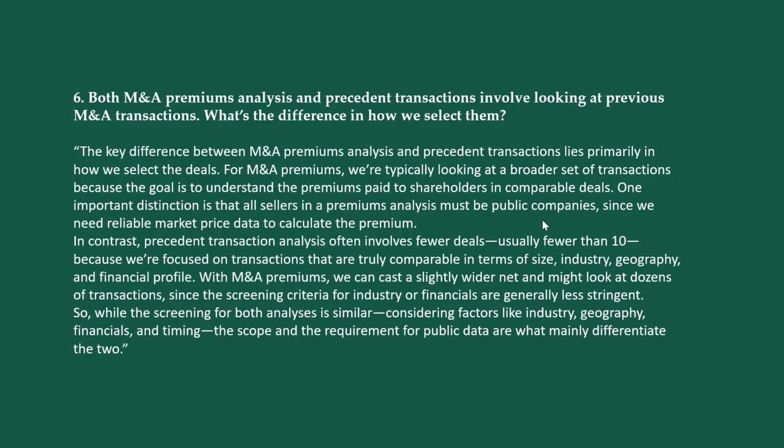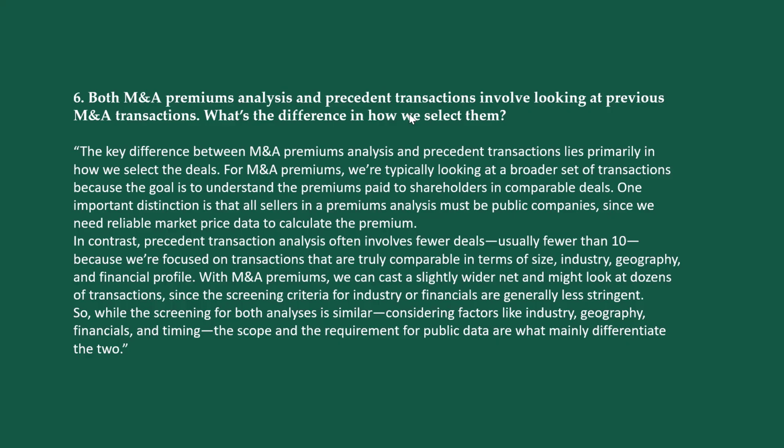So let's start with question number 6. Question number 6 is about both merger and acquisition premium analysis and precedent transactions. Both involve looking at previous merger and acquisition transactions. Previously we have discussed how we calculate merger and acquisition premium analysis and precedent analysis.